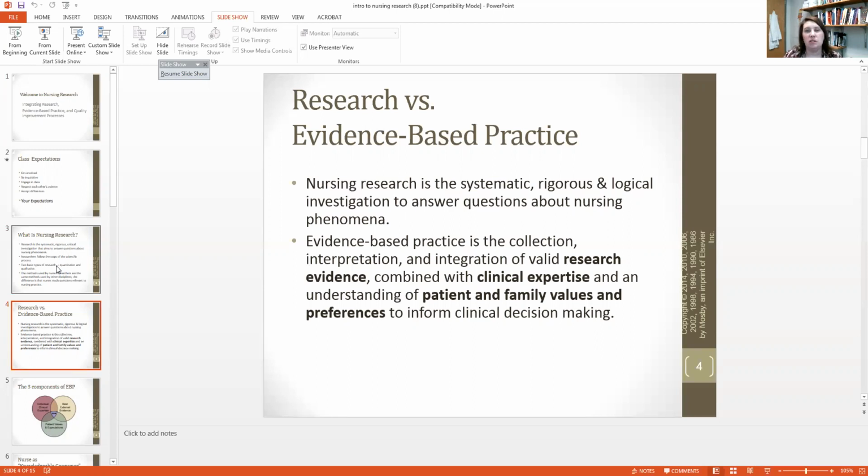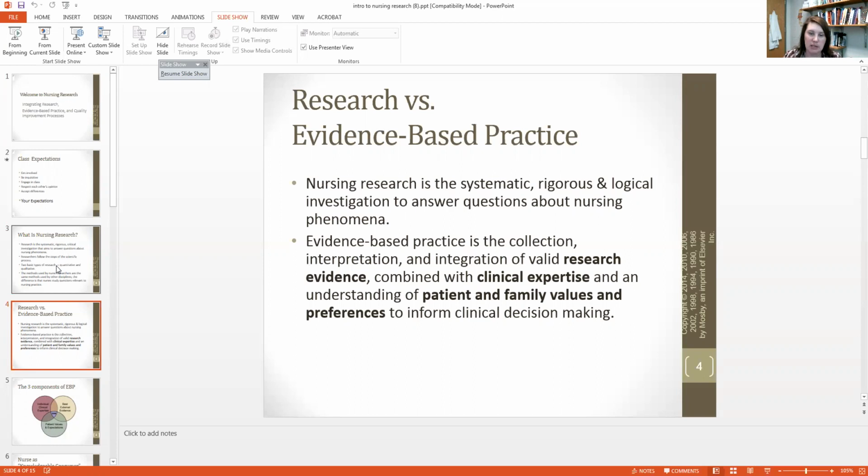Research and evidence-based practice are built on one another. They are part of a triad that we will look at here in just a second. But again, nursing research is really a systematic approach to trying to logically answer questions that we experience in our nursing practice.